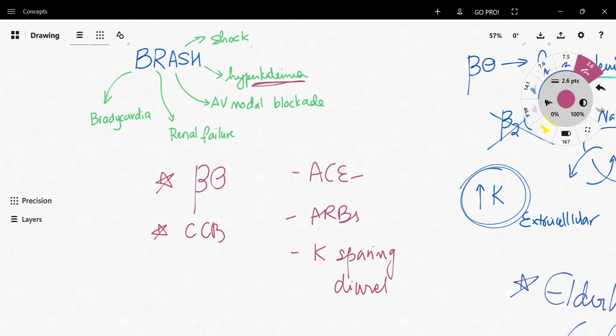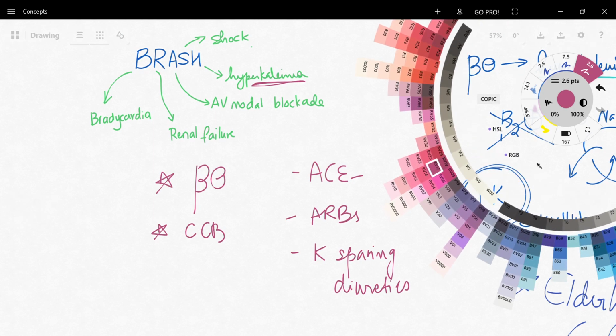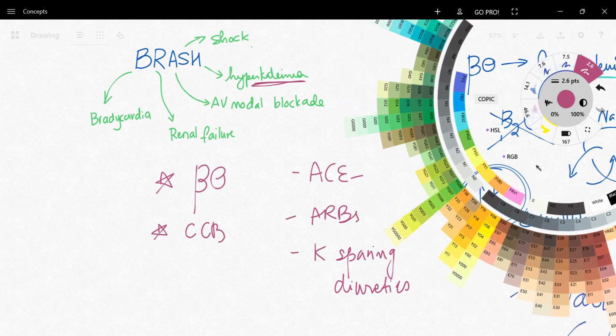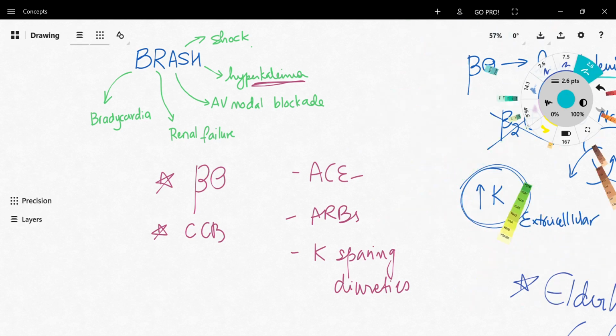Now I spoke about beta blockers causing your hyperkalemia. Let me give you a little bit of background about calcium channel blockers. So what these guys do is they reduce your blood pressure, and that sort of decreases.